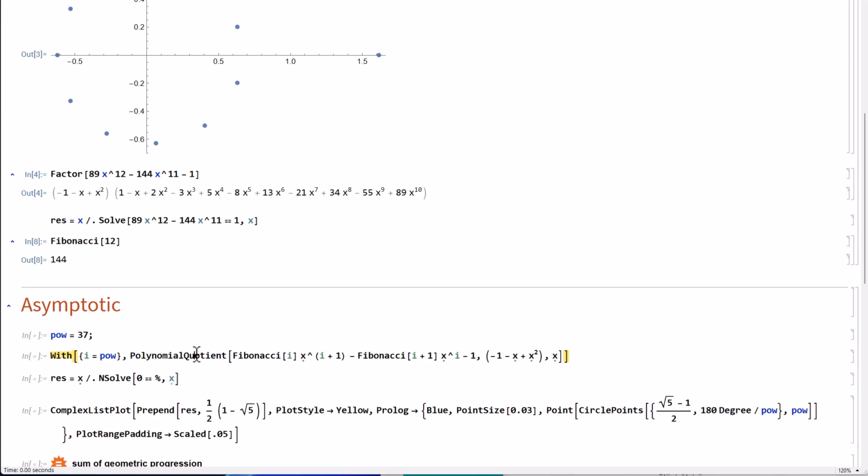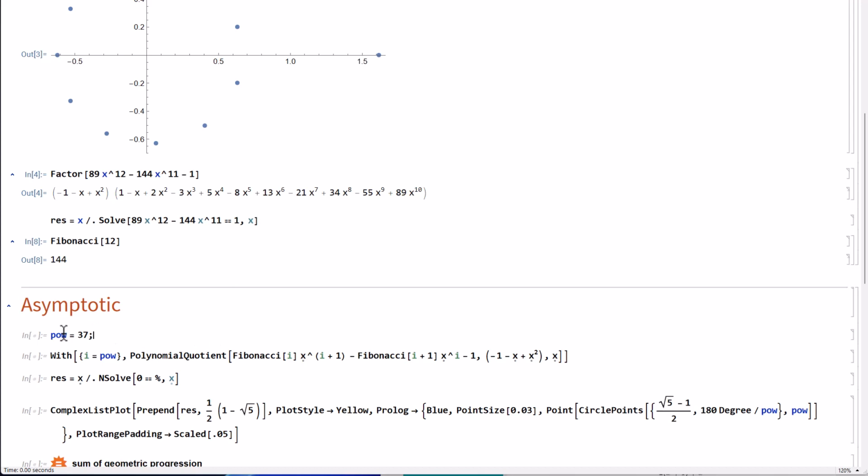So this way we can handle very large polynomials without any issue. Otherwise, we'll have some performance issue with factor. So we can give it a pretty large number and see what we have.